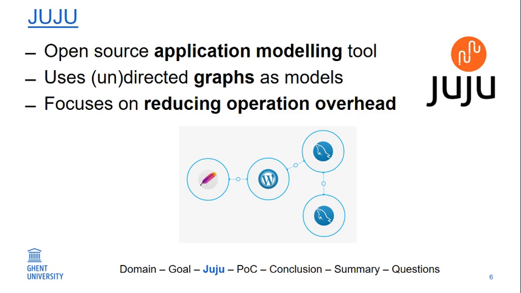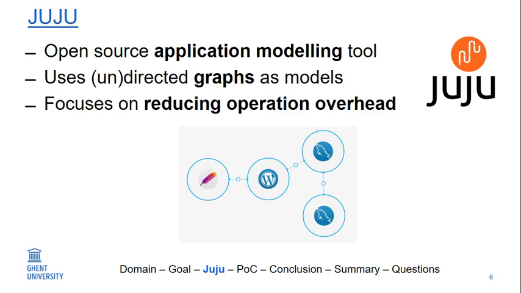Well, we used the Juju tool. Juju is an open source application modeling tool. It has a lot of features. I won't go into too much detail as I don't have the time, but in essence, the Juju tool uses graphs to model infrastructures.